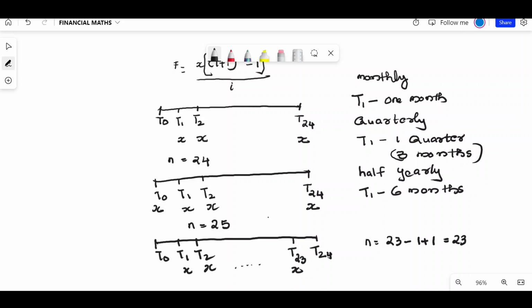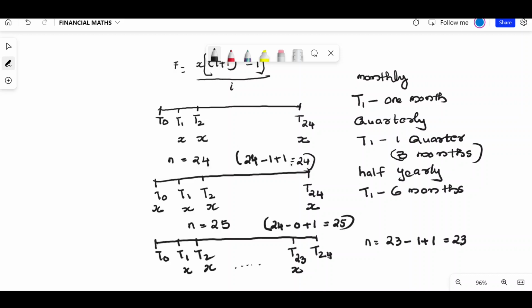In the earlier case, the payment stopped at T24 but started at T0, plus 1, which gives you 25. And where the payment stopped at T24 and started at 1, plus 1, that is the maximum value minus the minimum plus 1. That will give you 24.